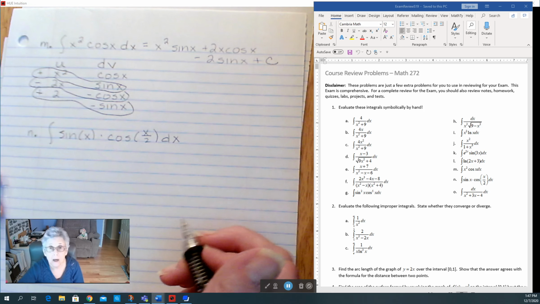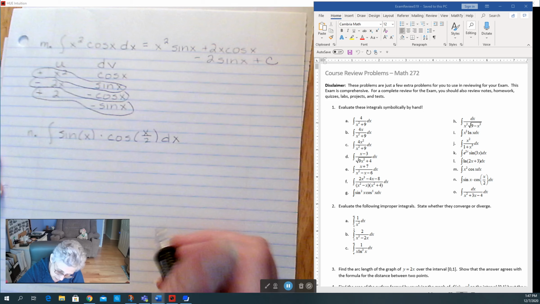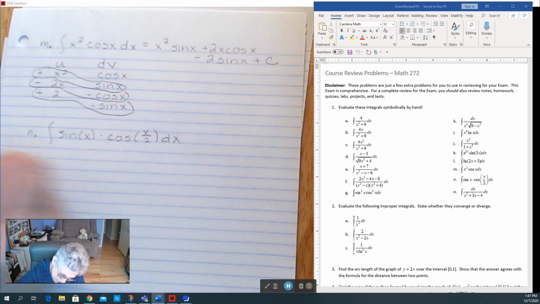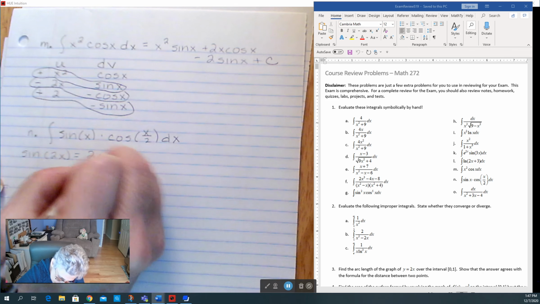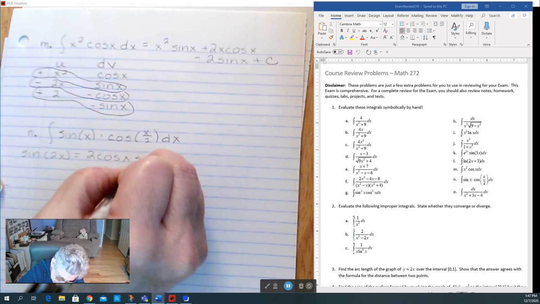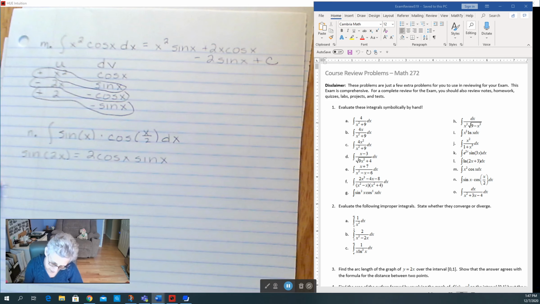So I'm going to think about the trig identities that I know. I know that sine of 2x equals 2 cosine x sine x. So let's see if that would help me.